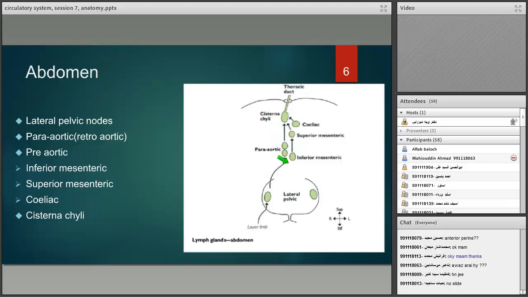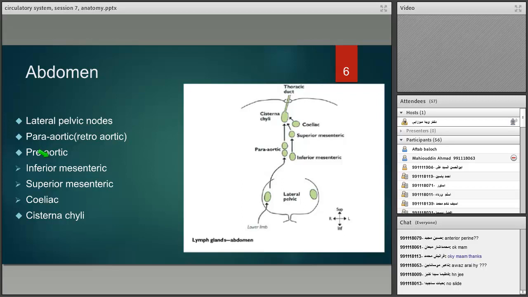We have two groups of nodes beside the aorta. One is called para-aortic, or the other name is retro-aortic group. And the other group is pre-aortic.